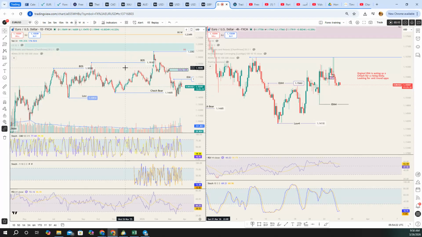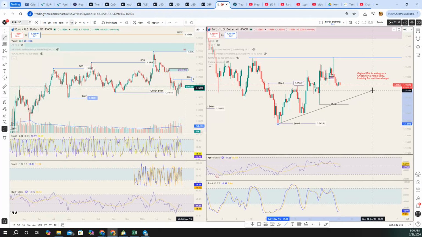But see, this is my problem with classical. It's a point of view. There are no rules on where is the support and resistance. Everybody draws support and resistance in a different way. Even a trend line, some people draw it like this, taking the first and the second bottoms.